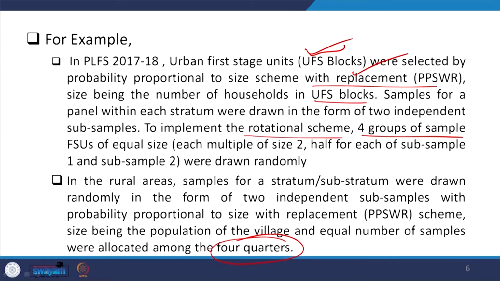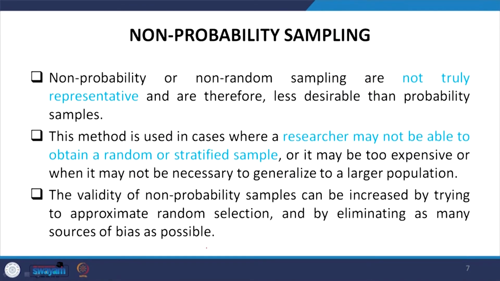The Periodic Labour Force Survey followed 4 quarters, and as I have already mentioned, in rural areas the portions are different in successive quarters, whereas in urban areas the same portions are repeated in successive quarters. Accordingly they followed the sampling frame.